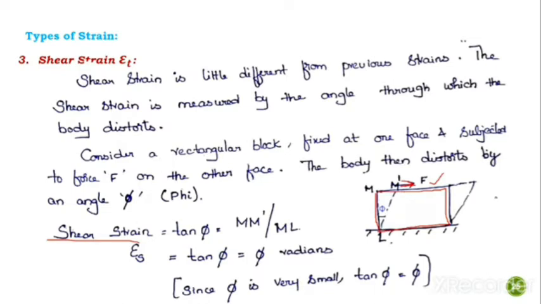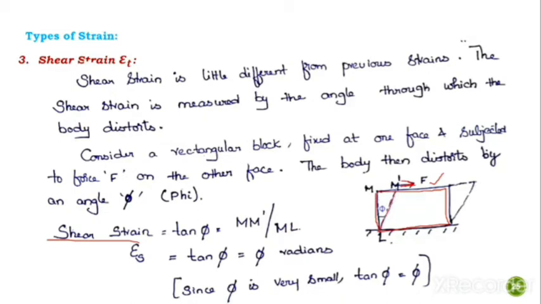Try to push a pole, for example. Take a small pole which is fixed in the ground, and the other end is free. If you try to push it with your hands, the pole is not going to move, but it is going to deflect in this manner.